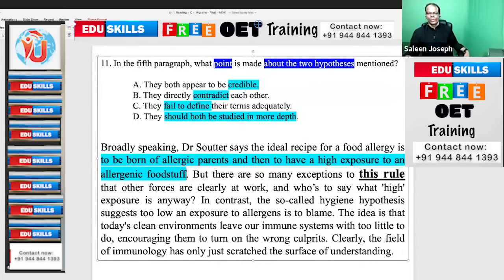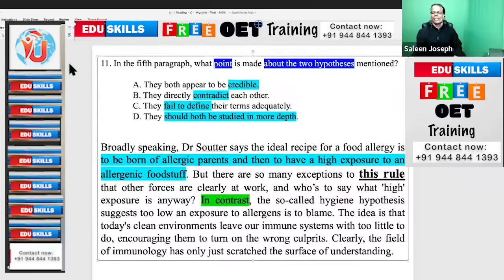How does the allergy happen? First one should be born of allergic parents plus have high exposure to an allergenic foodstuff. But there are so many exceptions to this rule that other forces are clearly at work. And who is to say that high exposure is anyway? First hypothesis is over.